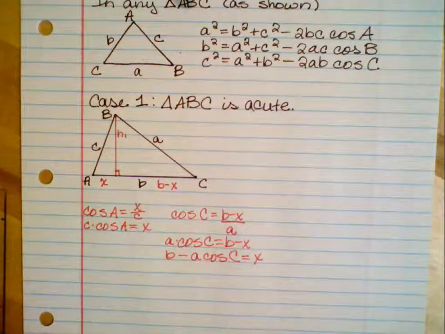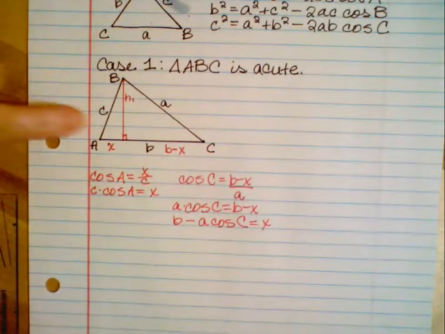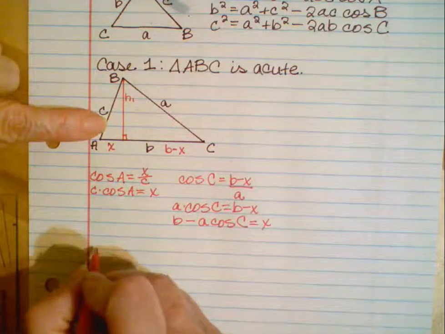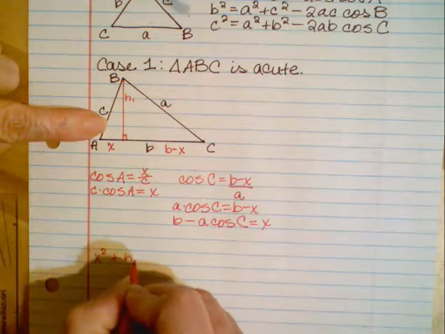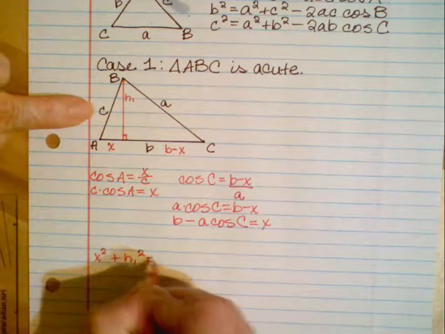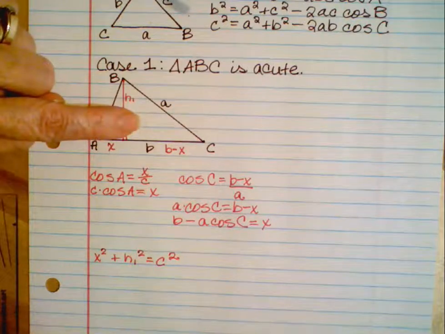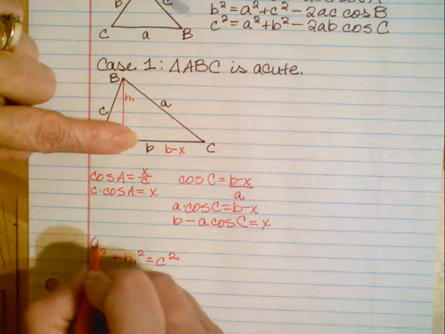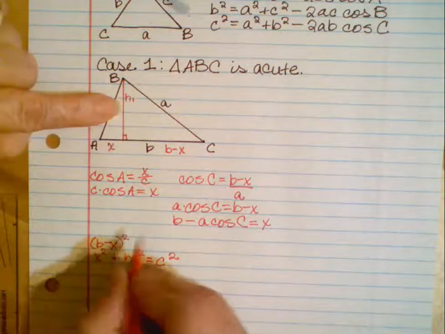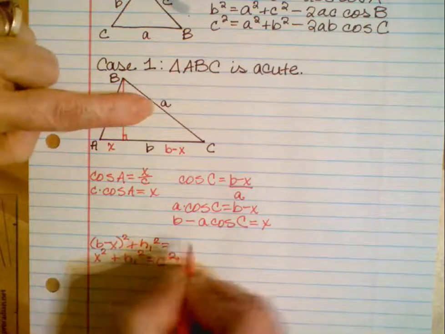So if we use the Pythagorean theorem, we can write for this right triangle that x squared plus the length of H1 squared is equal to c squared. And in the right triangle on the right, the quantity b minus x squared plus H1 squared is equal to a squared.